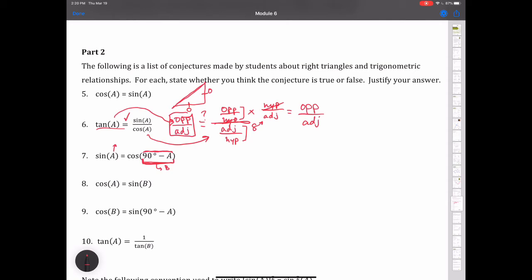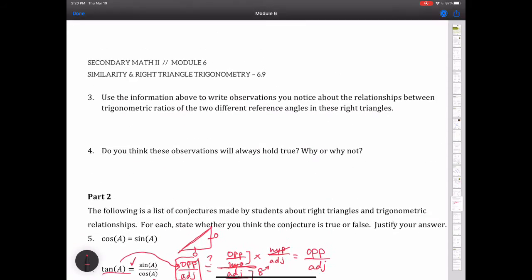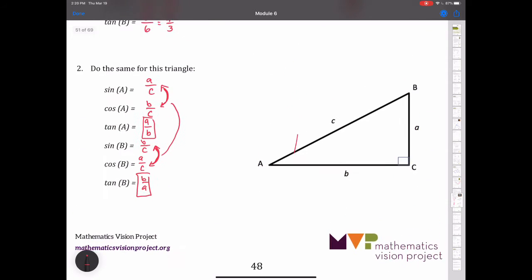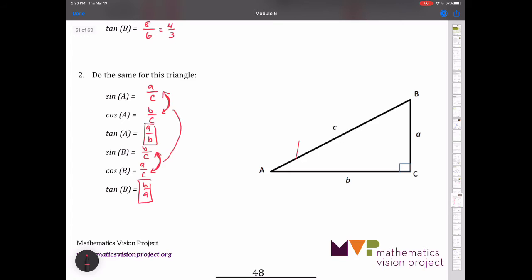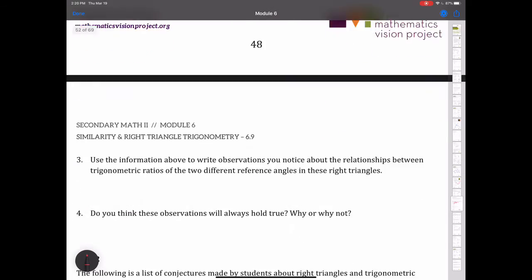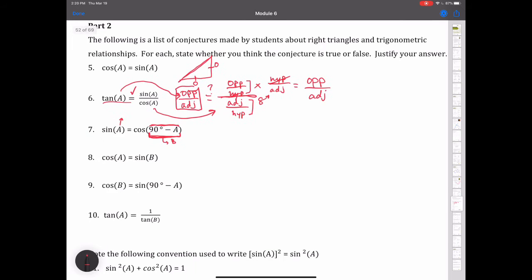Because that's the only other place for those degrees to go, to be attributed to B. So if we look back up here, we know that sine of A is actually going to be the same thing as cosine of B. So if we use that same thinking down here, we've got sine of A, and that's equal to cosine of B. So that one will actually work as well.